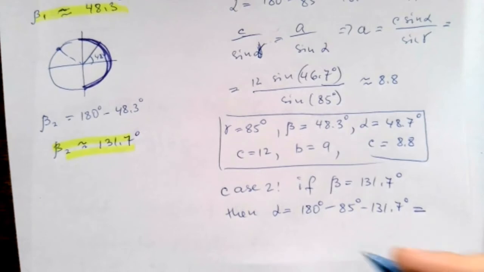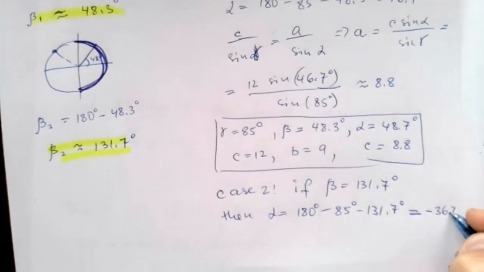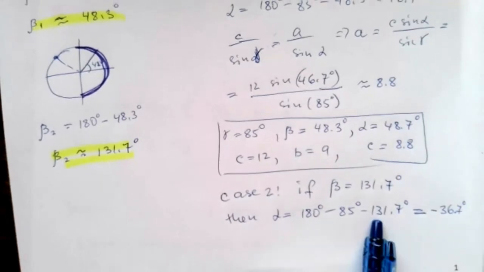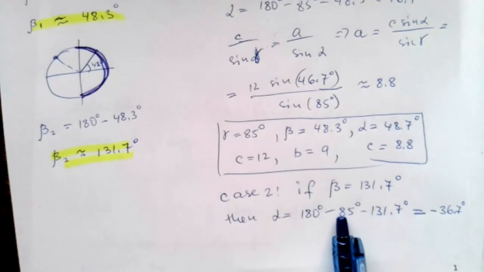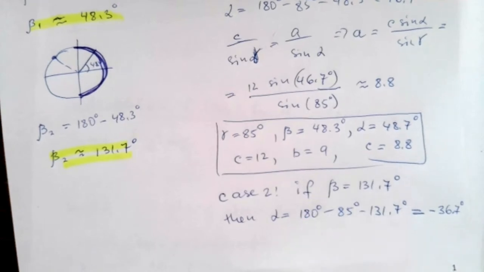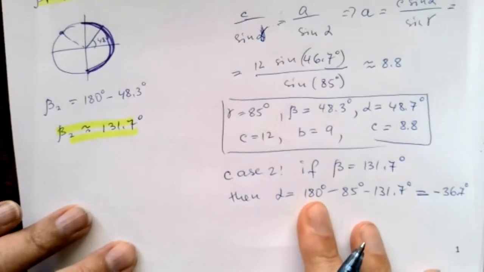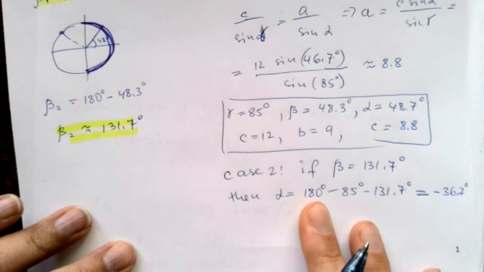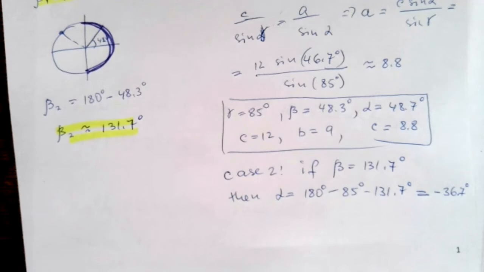But look, when we put this in the calculator, we get a negative 36.7 degrees. So in this case, angle beta is too large to accommodate 85 degrees and still have the sum of all angles being equal to 180. This is just not possible. So in this case, there is no case two.